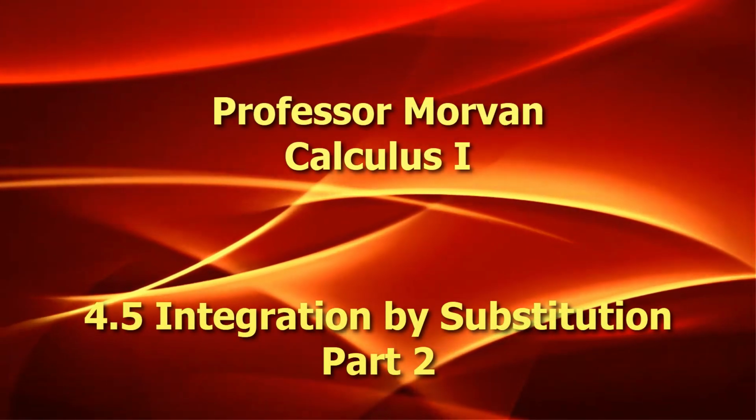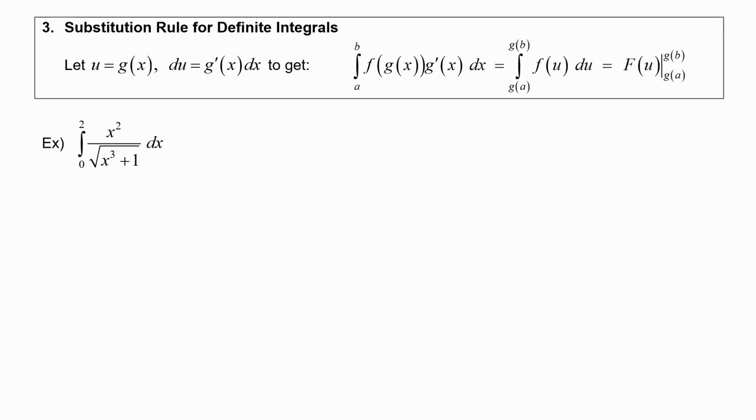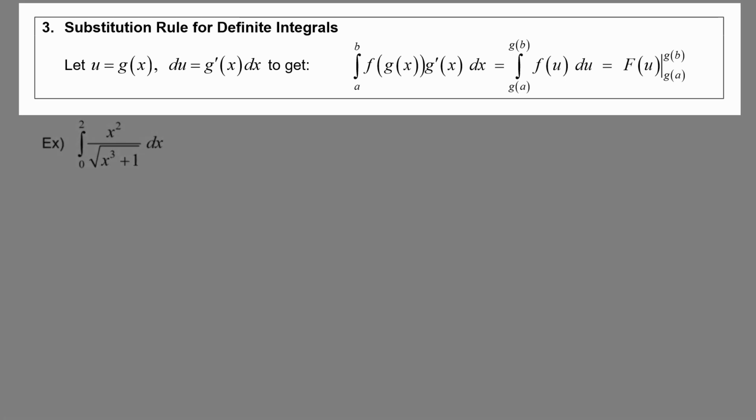In 4.5 Part 2, we continue our study of integration by substitution with the substitution rule for definite integrals. If we let u equal g of x and du equal g prime of x dx, we get that the integral from a to b of f of g of x, g prime of x dx is equal to a new integral written in terms of the u variable, where we integrate from g of a to g of b, f of u du.